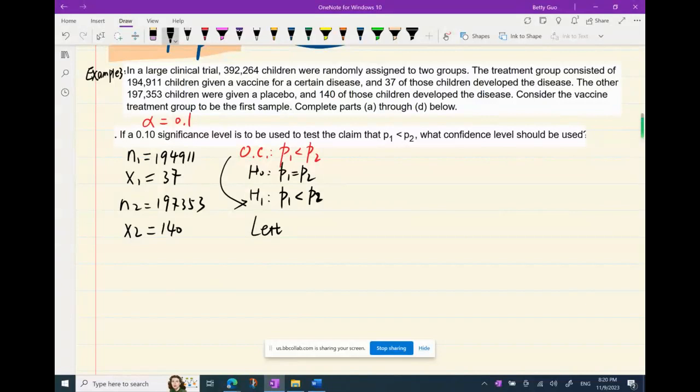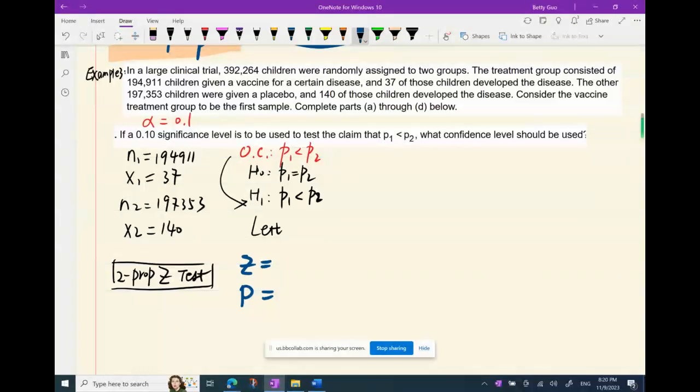Please use the calculator to find the function 2 proportion z test. And then give me your z score and your p-value. With technology, this section is not challenging at all.